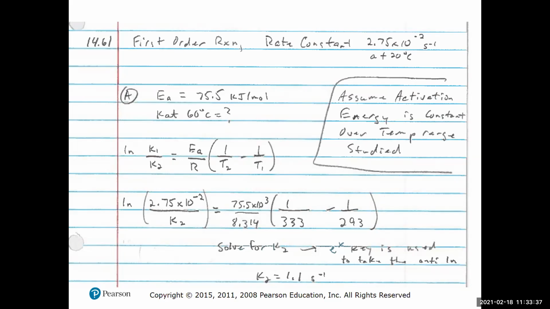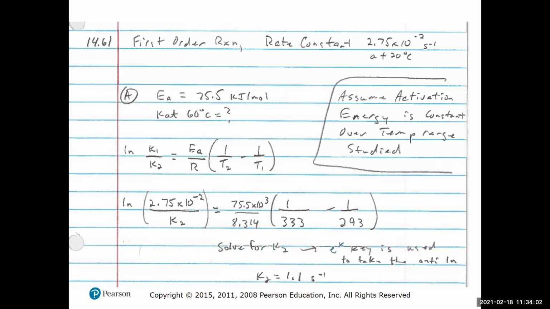So that natural log of K1 over K2 equals activation energy over the gas constant times 1 over T2 minus 1 over T1. So remember that K1, because of the 1 subscript, goes with T1, and T2 goes with K2. Got to keep those straight in our minds.